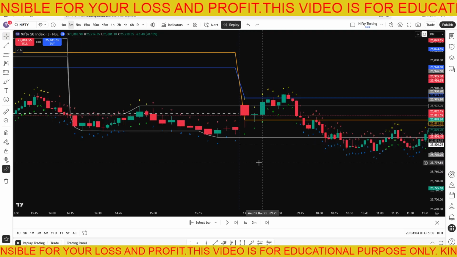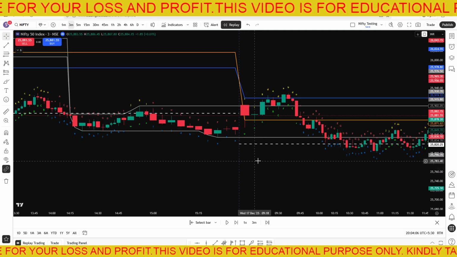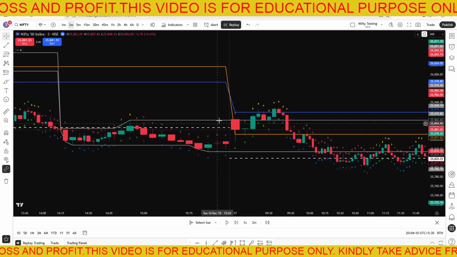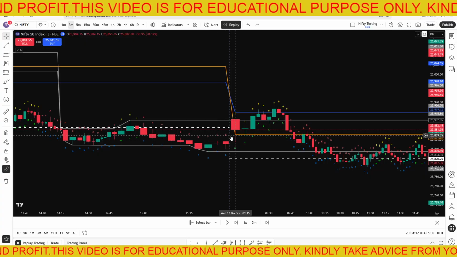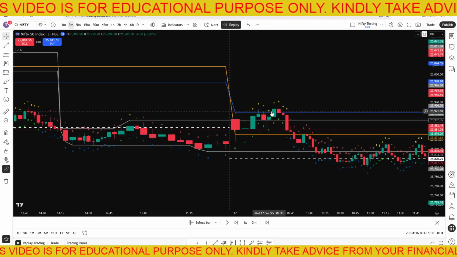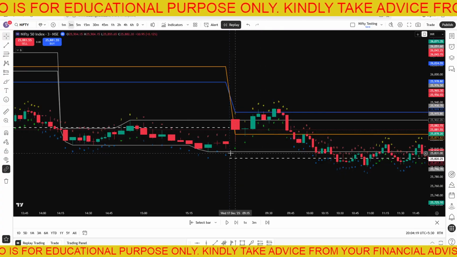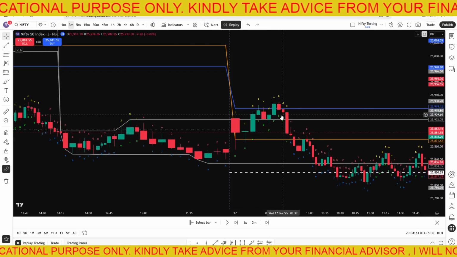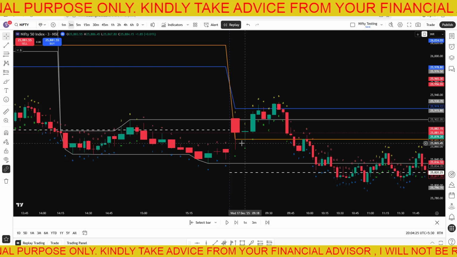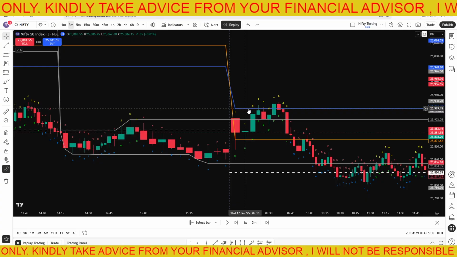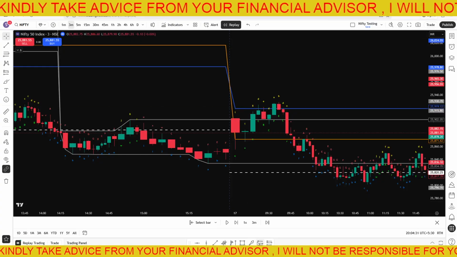But again, here three components are in favor, but we are opening and closing within this pivot, right? So we can't expect much. Although we can go long from here, we should not go beyond it. We should always keep in mind that there is a resistance above, right?